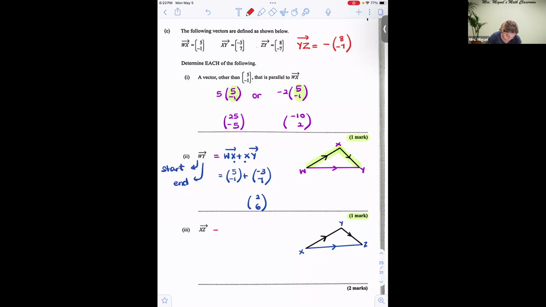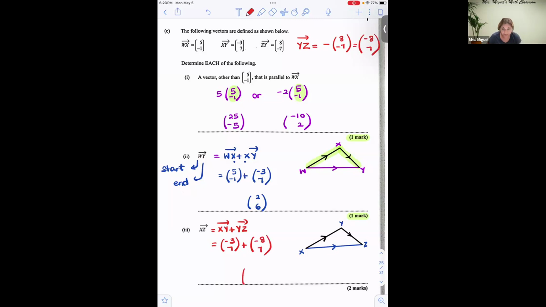Right? So we have -3, 7. Oh, I should write it. It is XY plus YZ. So -3, 7 plus, and if I find this will be -8, 7.